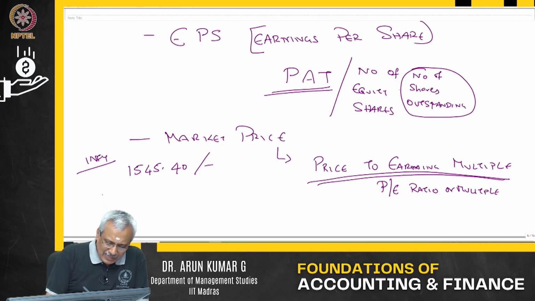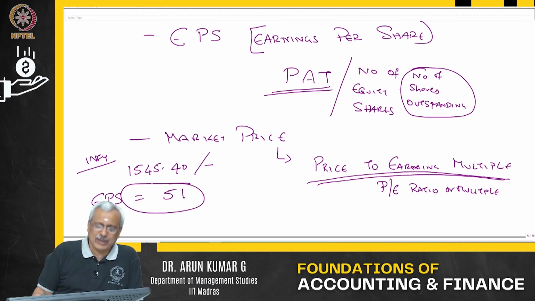Now, I have the basic EPS of Infosys per share. I am not taking today's EPS, I am taking the rough basic EPS of about 50 or 51, roughly around 51.